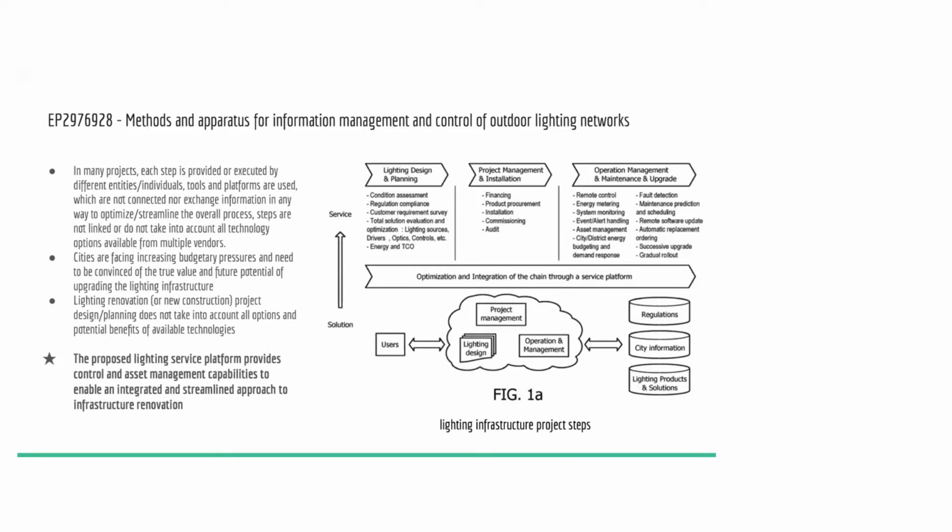Currently, in lighting innovations, project design planning doesn't take into account all options, as I said, and all the technologies available, and also existing tools and software do not consider any integrated solution. But from the other side, the range of technology and product options is quite big, and customers are sometimes confused and cannot even see the value of implementing these intelligent solutions.